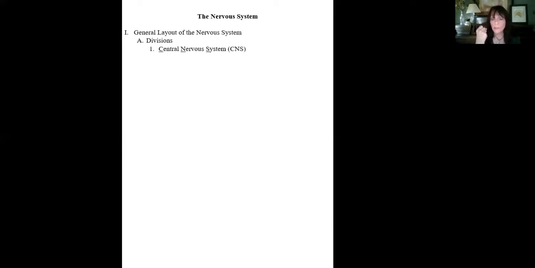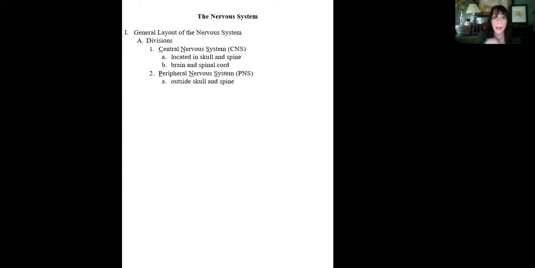And there are the divisions, and the two basic divisions are the central nervous system, CNS. All of that system is located in the skull and in the spine. So that means it's the brain and the spinal cord. And keep in mind that the brain and the spinal cord are being protected by bony structures.